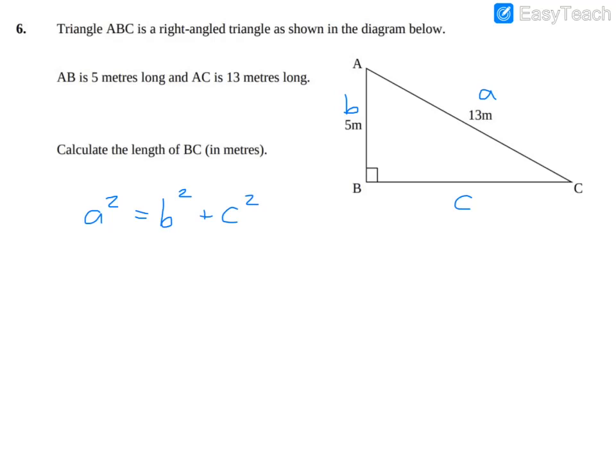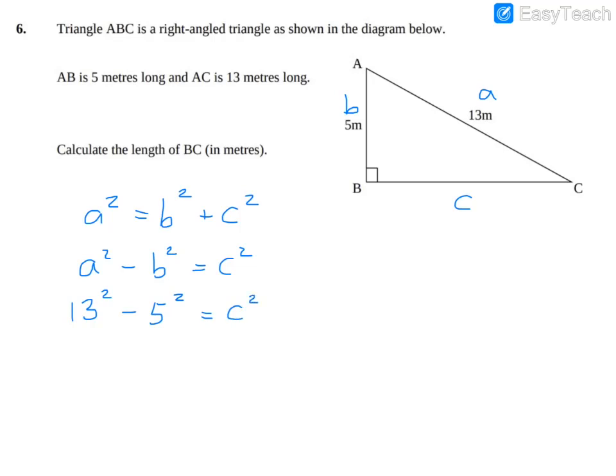Now because we are trying to find one of the shorter sides, a slightly more useful version of the formula is going to be that A squared minus B squared is equal to C squared. So we've got this A, and we're going to square it, so that's going to be 13 squared. We've got this B, it's 5, and we're going to square it. And that's going to tell us C squared.